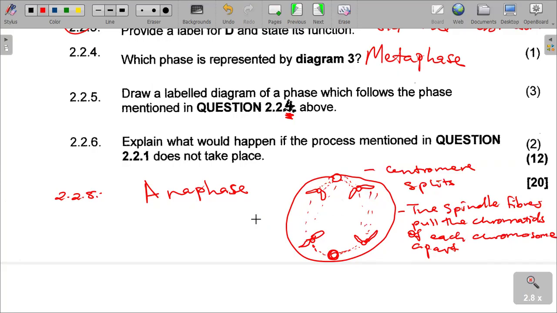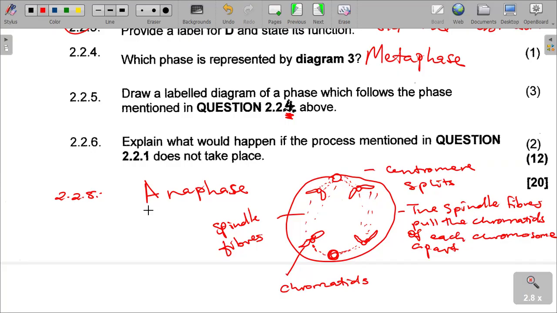So obviously these are the spindle fibers there, and these are the chromatids. So what I'm saying is that it's anaphase.